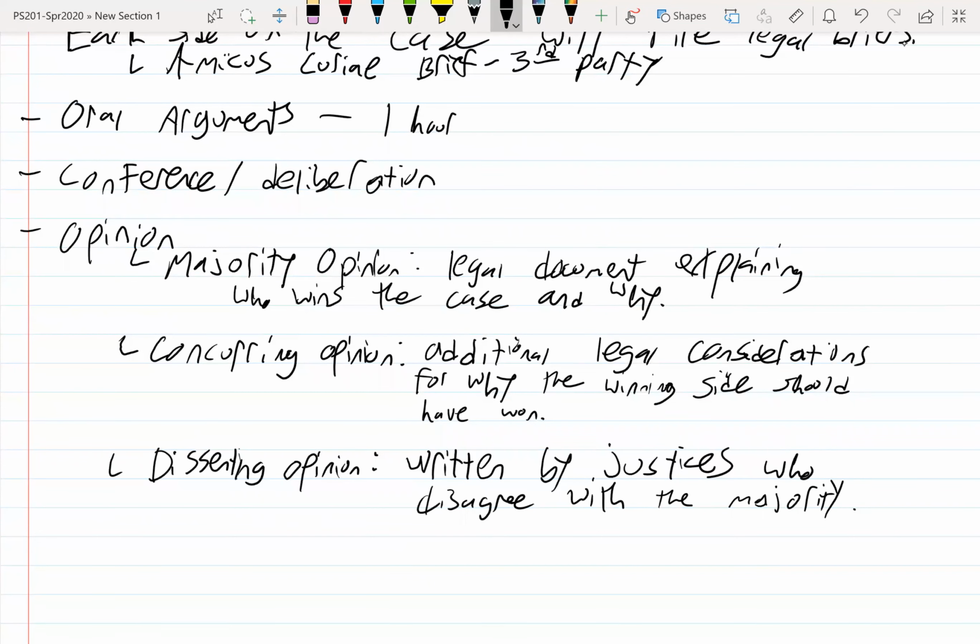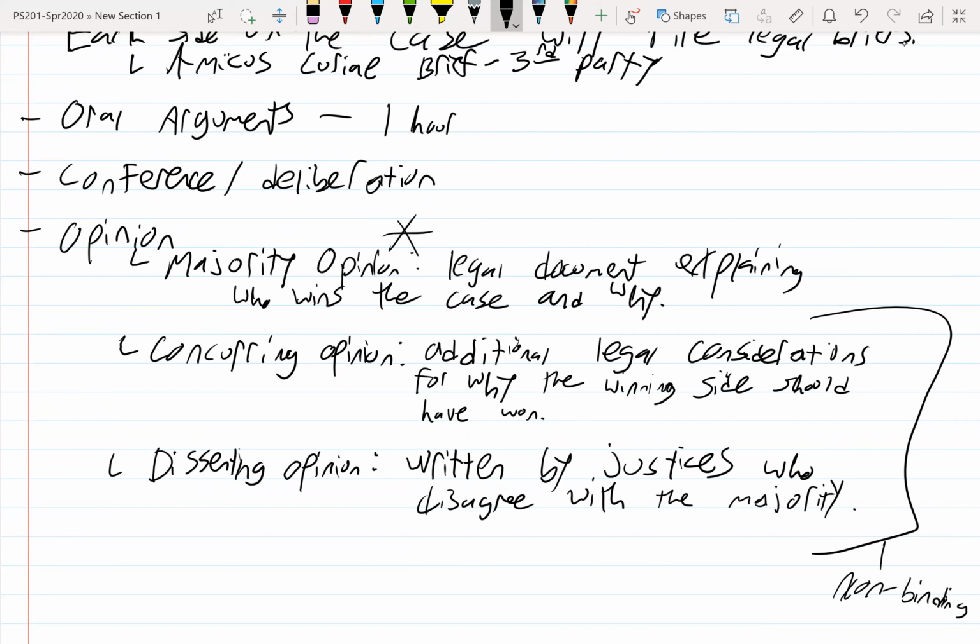So both of these are non-legally binding. These do not set precedent. These do not actually affect who actually wins or loses. They're just documents that are put in place to offer this alternative reasoning. Okay, we're talking about the issuance of who actually wins and loses, where precedent is actually being set. It's this majority opinion.